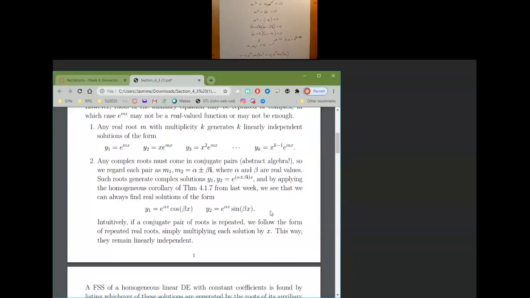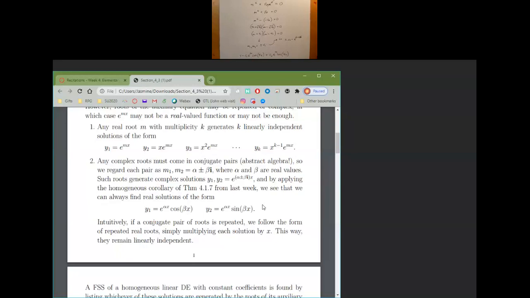But yes, it can be written in this other form with cosines and sines. And so anything that has this Euler form could always be translated into real solutions. But if you had just a random polynomial or natural log of a complex number, there's very little to be done about that.